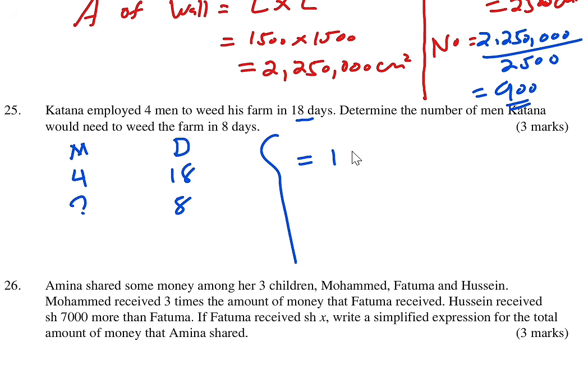So you pick the more, 18, over the other, multiplied by what you have there. So 18 over 8 times 4. So by 4, 1; by 4, 2; by 2, 1; by 2, 9. So it is 9. We need 9 men. So the answer is 9 men. You score those 3 marks. How is this method? Is it easy or difficult? Let me know. So that is how you work out rates of work.